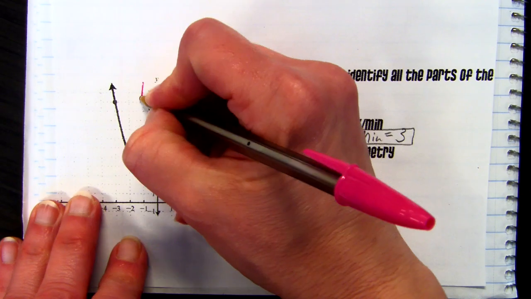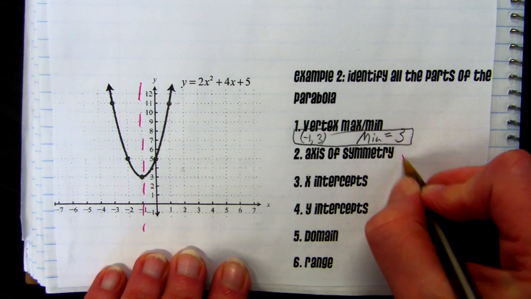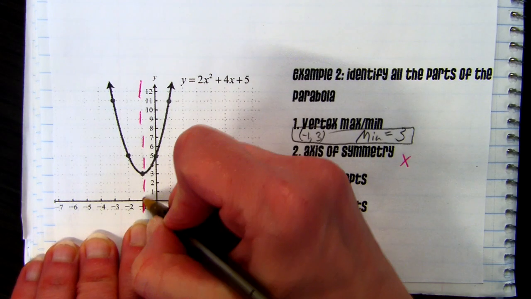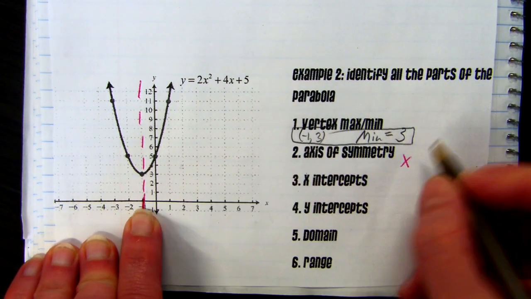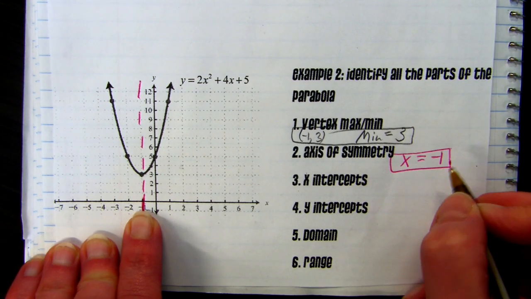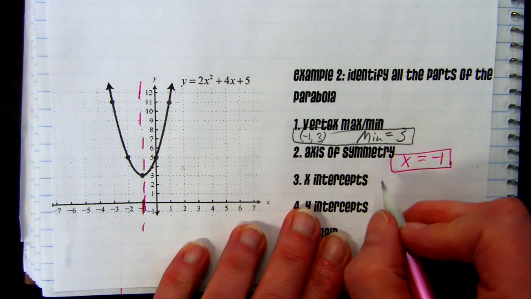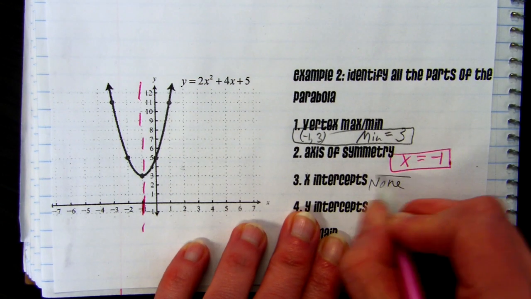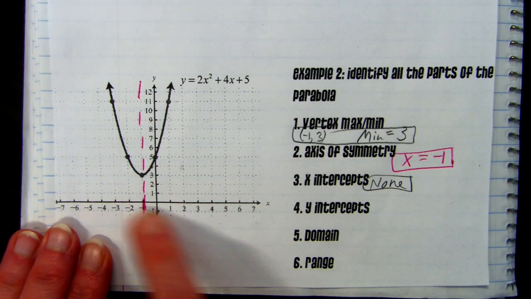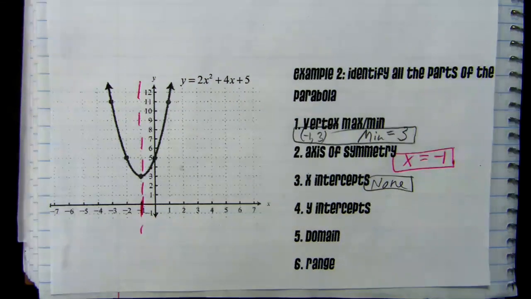Okay, where is my axis of symmetry? It's x equals -1 again. It's not always going to be -1, but it is here. The x equals wherever it hits the axis right here. Good eye. There are no x-intercepts, so write none.